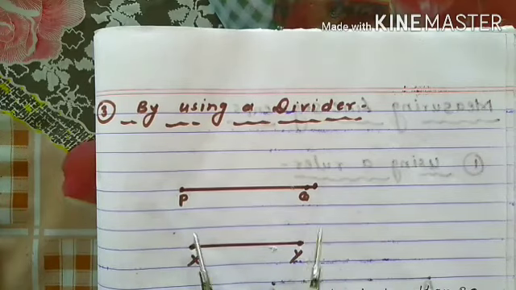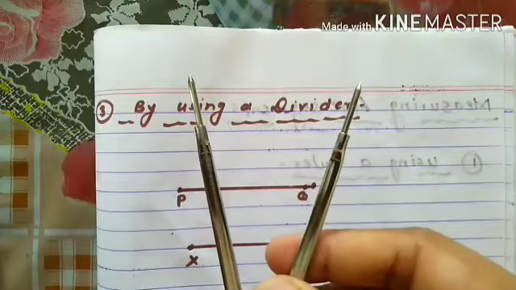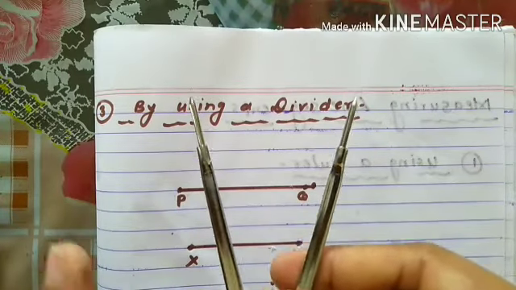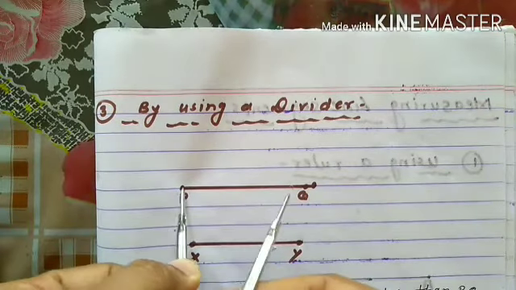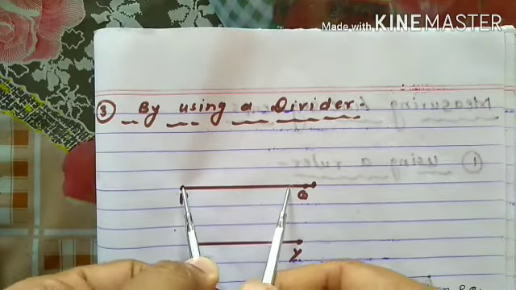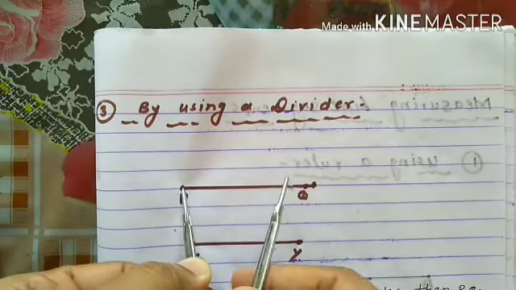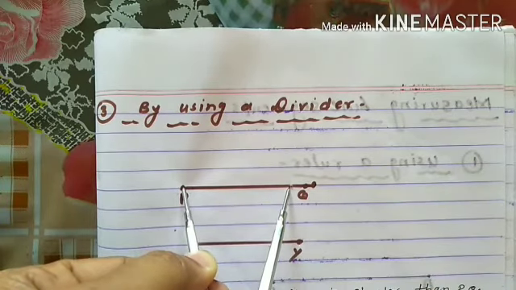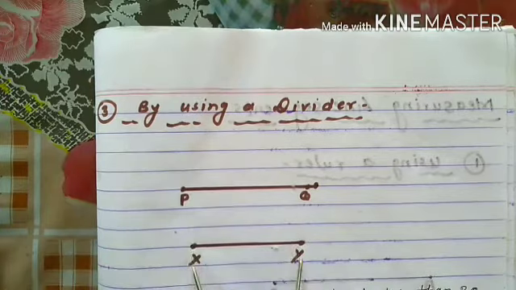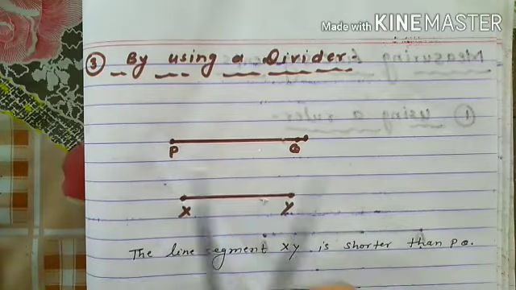Now lift the divider and without disturbing its arms, place one pointed arm on P and check whether the other arm falls on point Q or not. So what are we observing? The other arm falls before point Q. So what does it mean? XY is shorter than PQ. In other words, we can say PQ is greater than XY.